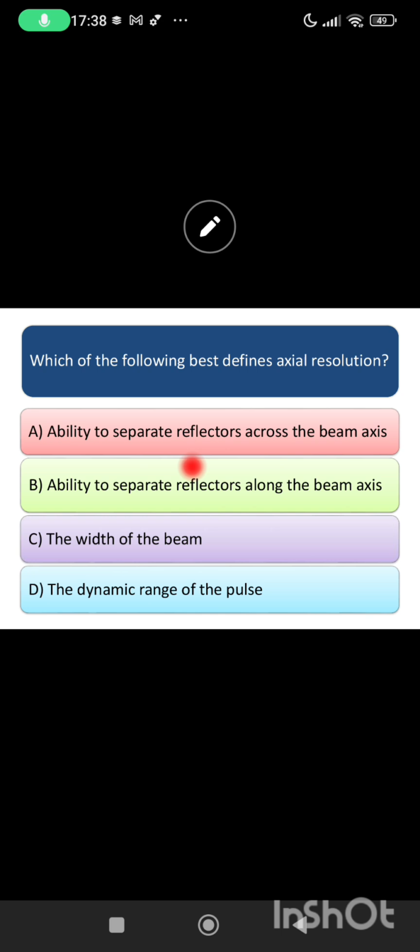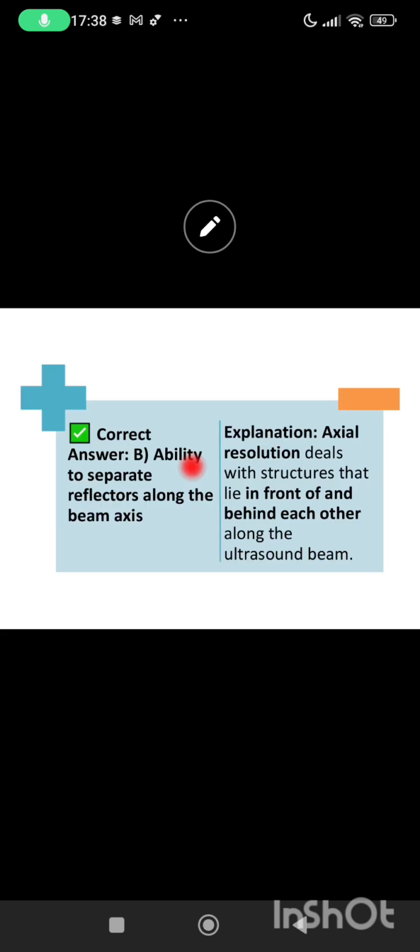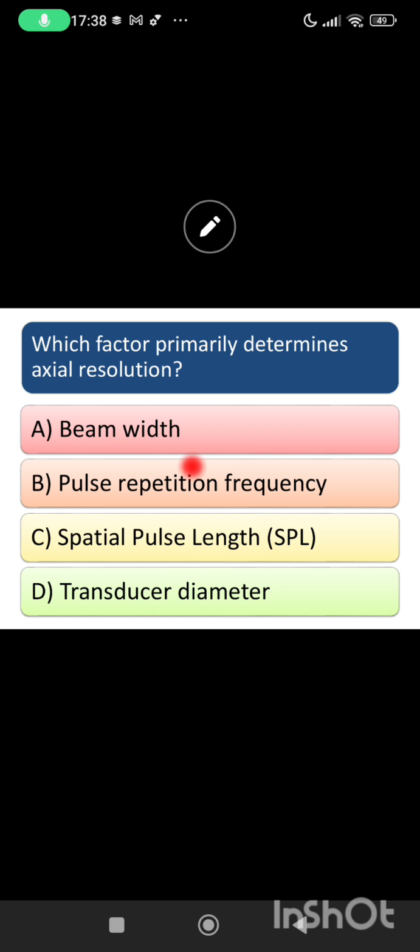Dr. Awadia, which describes best axial resolution? Ability to separate reflectors along the beam axis. Okay. Which factor primarily determines axial resolution?